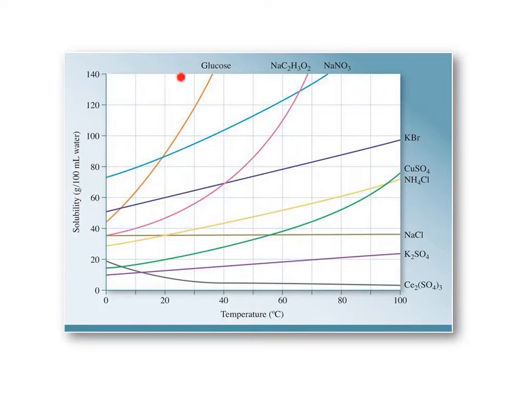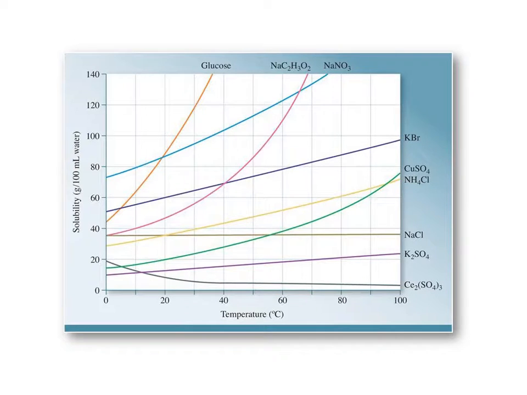You also have glucose here, and this is the example that I used in a lecture, where I was talking about increasing the temperature of my tea, and putting sugar in it will make it dissolve more readily versus taking cold tea and putting sugar into it.